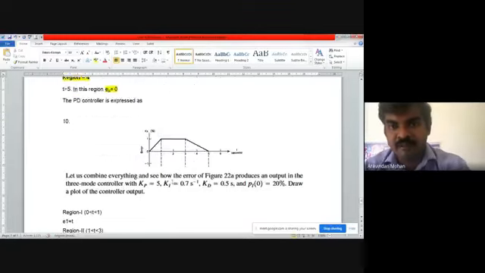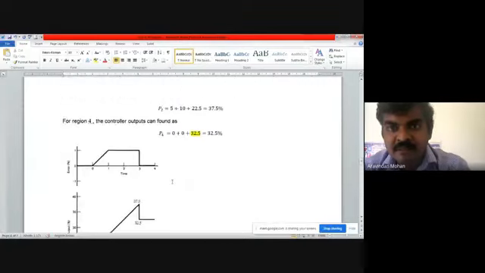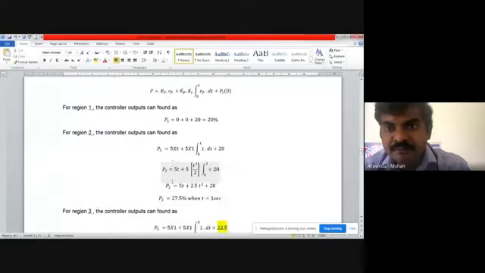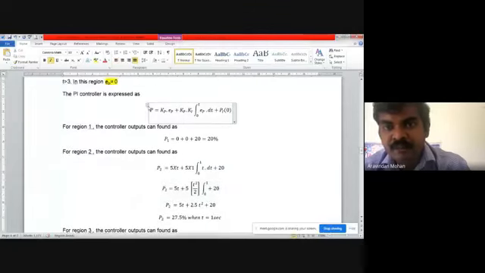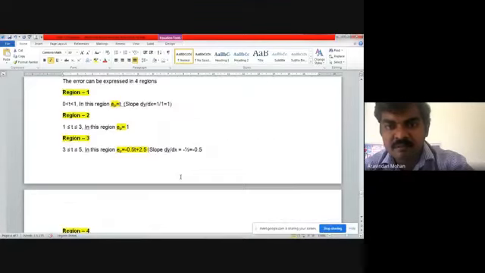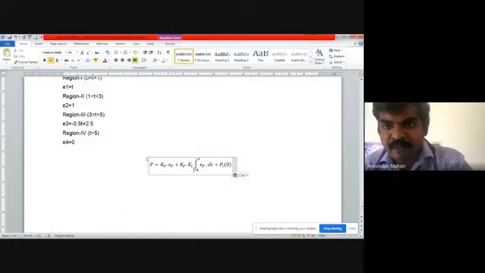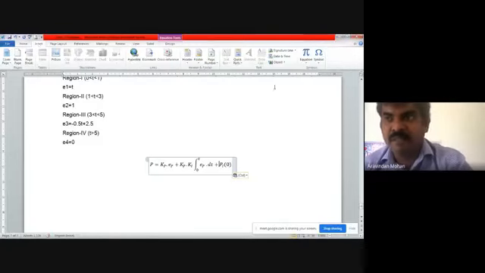Okay, so how can we find out the controller output values? Let me take any equation, suppose. Let me just copy this particular equation. So this is the PI controller representation. Here I have to add one more thing, that is d by dt. We have to add it here.